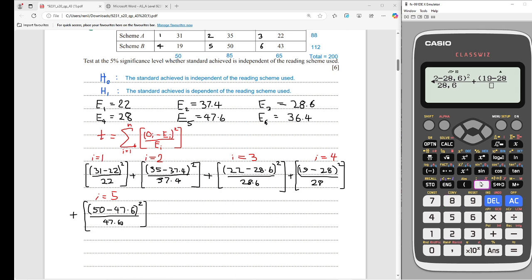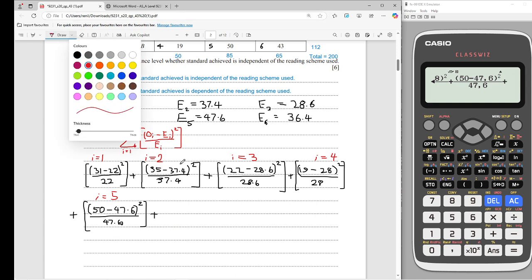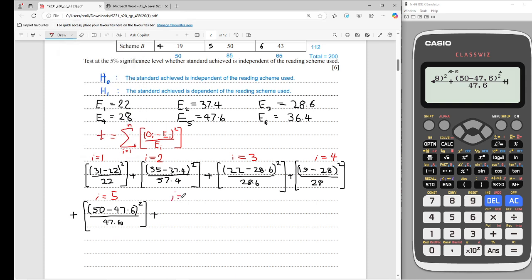So 19 minus 28, whole squared, by 28, plus 50 minus 47.6, whole squared, divided by 47.6. Right. And the final one, when I equals 6. So when I equals 6, we can write here.